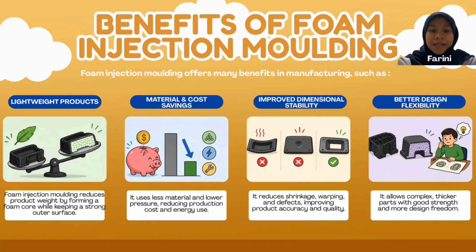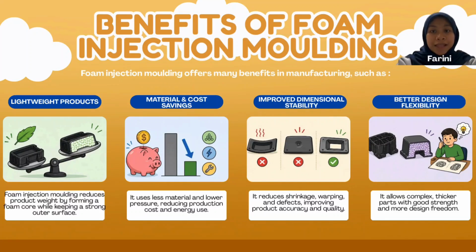Now I will explain some of the main benefits of foam injection molding. First, it produces lightweight products by creating a foam core with a strong outer layer, reducing weight while maintaining strength. Second, it provides material and cost savings because less plastic and lower injection pressure are needed, helping reduce production and energy costs.